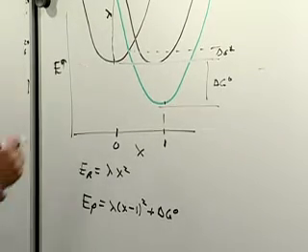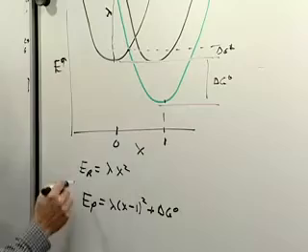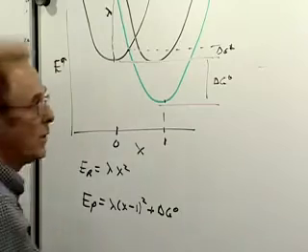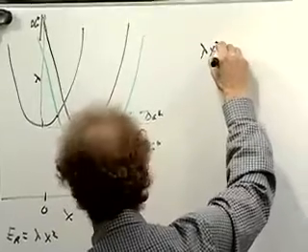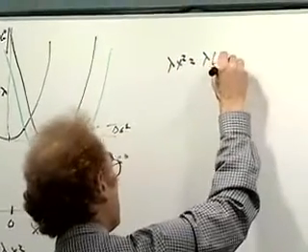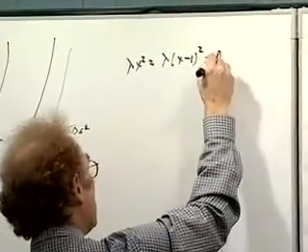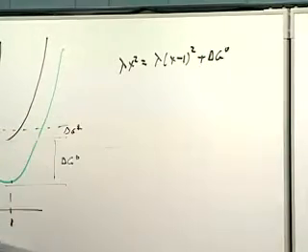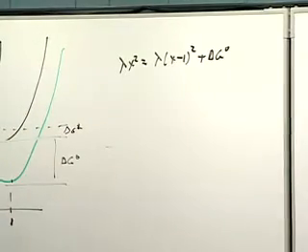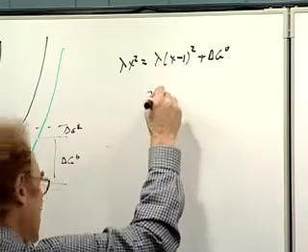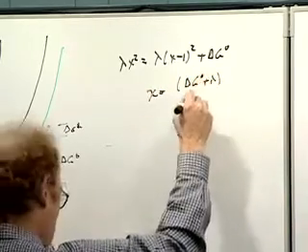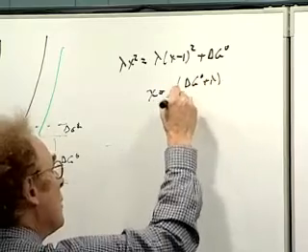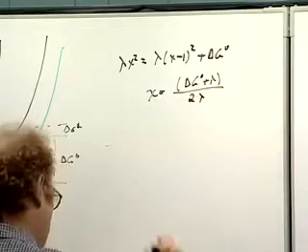Okay? We want to know the crossing point where these are equal. So we can solve for that. We can say lambda x squared at the crossing point is going to be lambda times x minus 1 squared plus delta G0. And we'll solve for that, and we find out that x equals delta G0 plus lambda over 2 lambda.